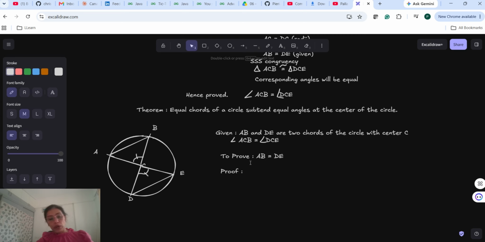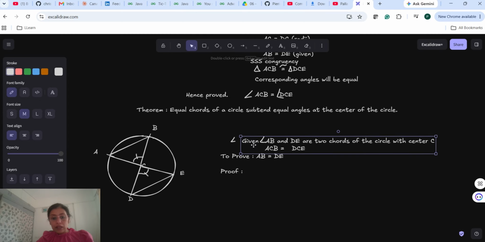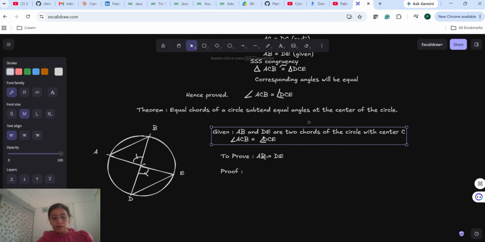Let's start with whatever we know. We are given AB and DE are two chords of the circle with center C. I'm given the angle ACB is equal to angle DCE. So let's start. First of all, let me write whatever I have been given here, because that is going to take less time than copying.